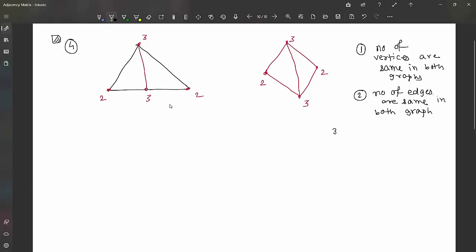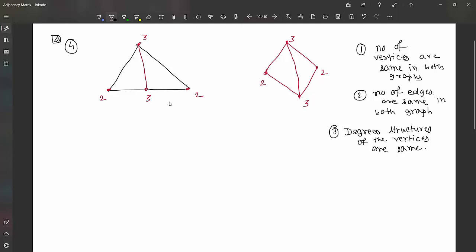And number 3, the degrees of the corresponding vertices, or the degree structures, of the vertices are the same.